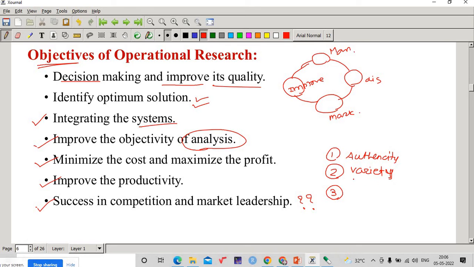In each area, like in Maharashtra we have different types of gold jewelry, in Tamil Nadu we have different types of gold jewelry, in Punjab we have different types of gold jewelry. So they provided variety, right? Then authenticity also they provided, and they talked about the holistic values related to gold.